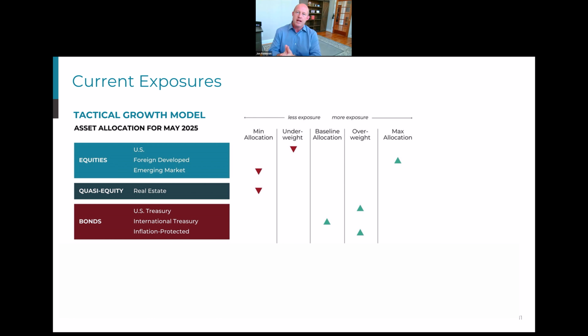And so we've taken capital from the ultra short-term and short-term duration bonds and just simply started stepping it up in duration to get more volatility from the bond piece, which at least recently has acted as somewhat of a hedge to declining stocks.